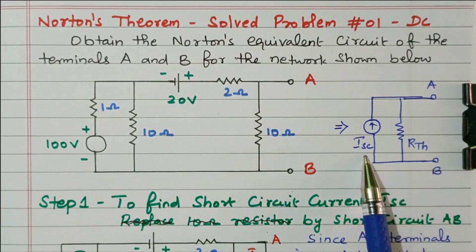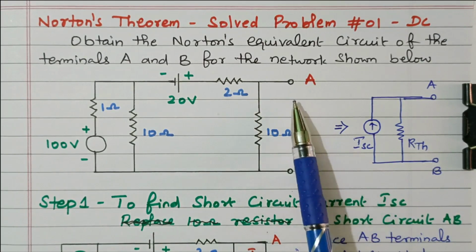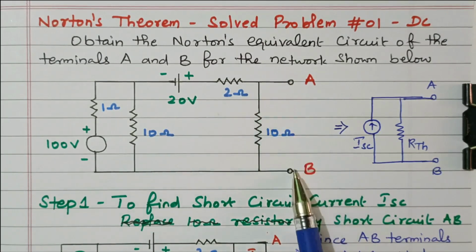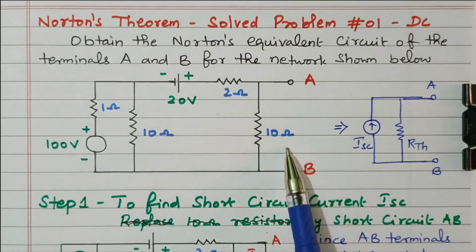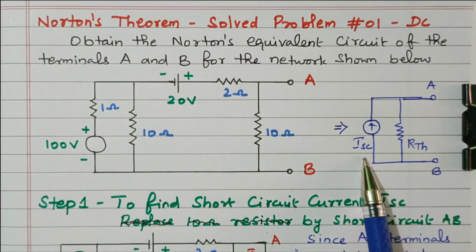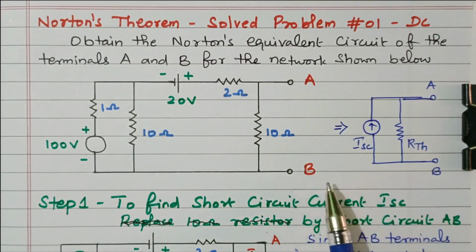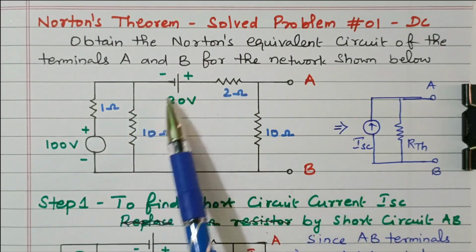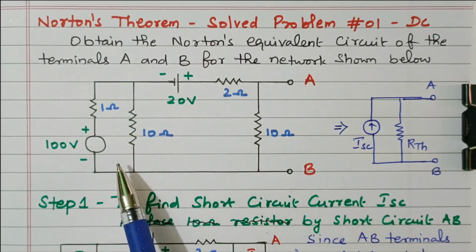How do we find this current source? It is the short circuit current. That is, terminals A and B are short circuited and we find the current flowing through terminals A and B, which is ISC. Then the Thevenin resistance is the resistance between A and B, found by removing the sources.